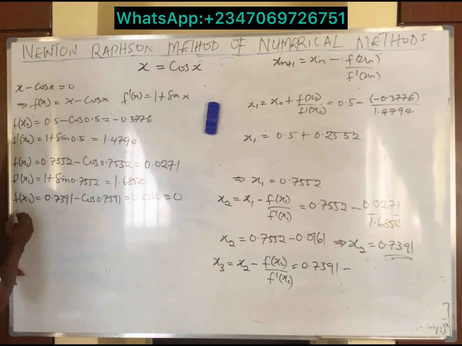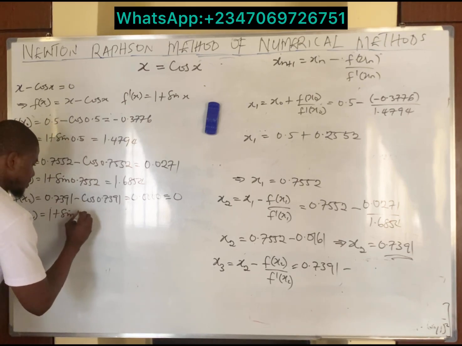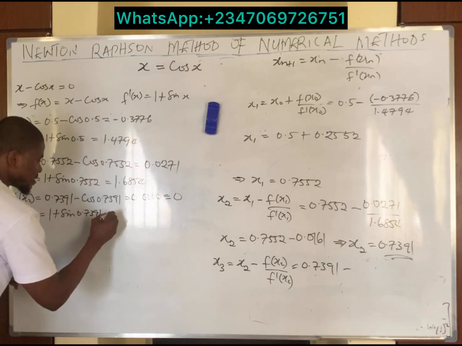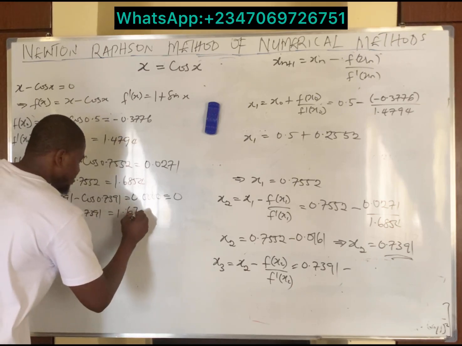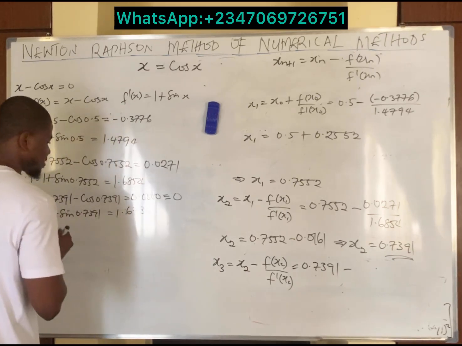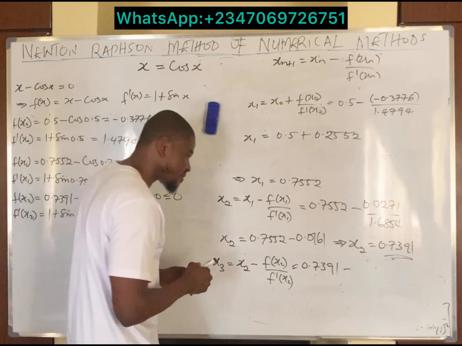So let's find f prime of x2, which is going to be equal to 1 plus sine 0.7391. So this simply gives us approximately 1.6736. Alright, so having found this, you simply effect that here.